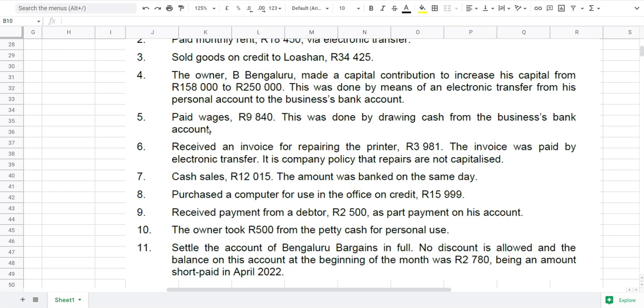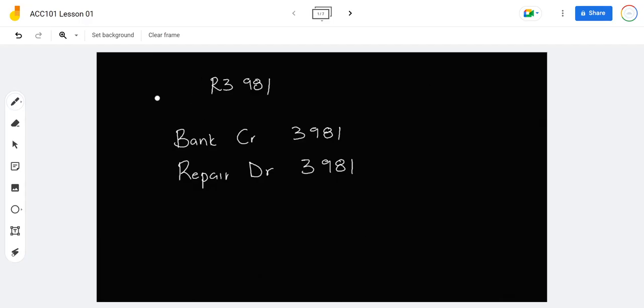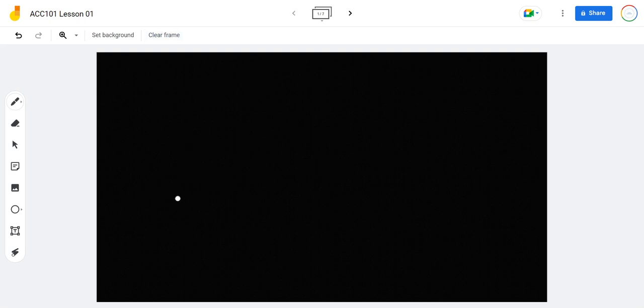It says cash sales 12,015. The amount was banked on the same day, so our bank is going to be affected because it received money. Bank is going to increase on the debit side by how much? 12,015.